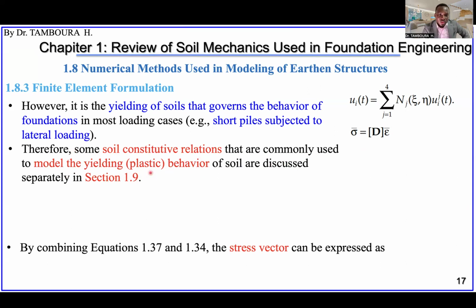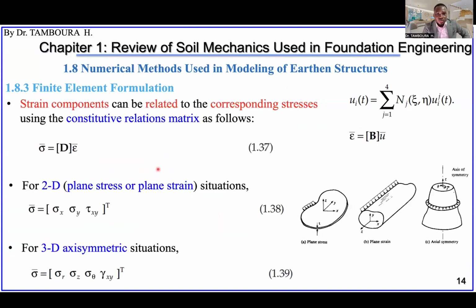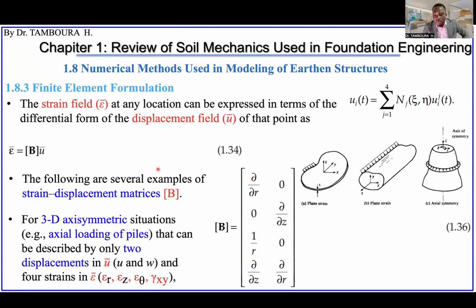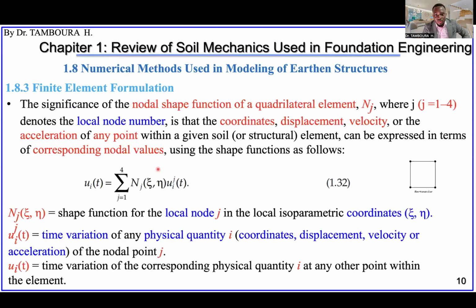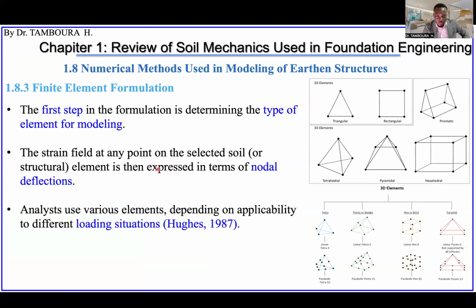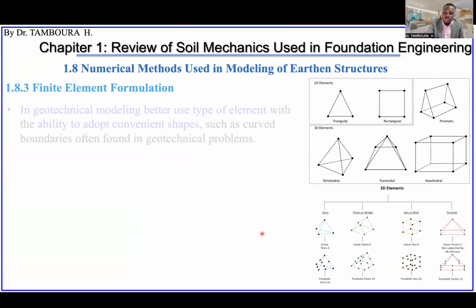If you want to see the yielding, let me show you in the next section. It is here. Next time, this is what we are going to do. You can see yielding of soil. This is section 1.8, and in section 1.9 we will study some constitutive functions for the yielding of the soil.